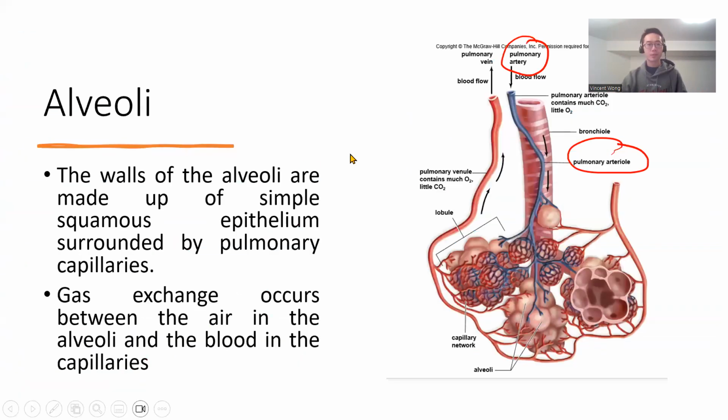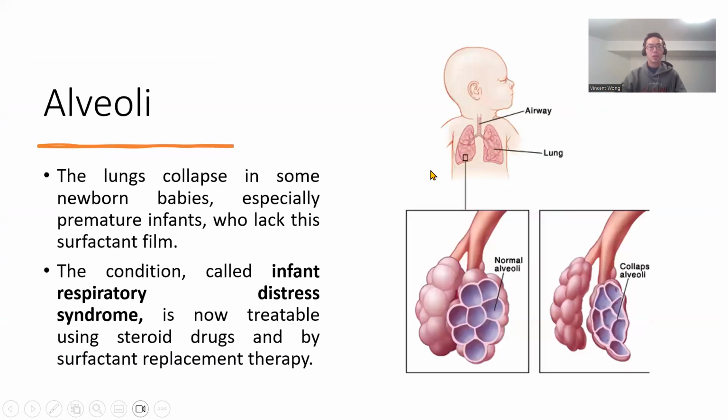All right, back to here. So it turns out babies who are born prematurely have not had a chance to make the surfactant yet. The septal cells haven't fully developed, I suppose, and they're not really producing the surfactant.